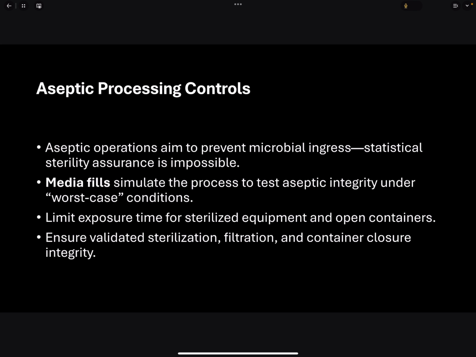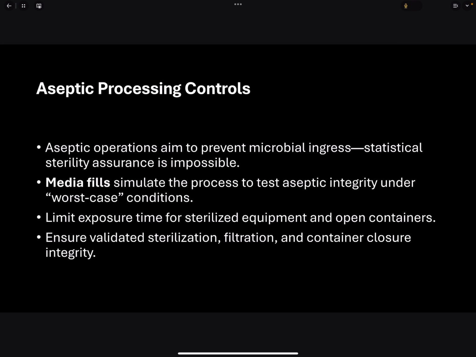In aseptic processing, prevention is everything because once contamination happens, there's no statistical way to guarantee sterility. So, we simulate the process using media fills to test aseptic performance under worst case conditions.